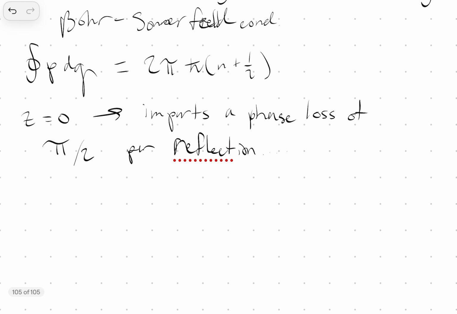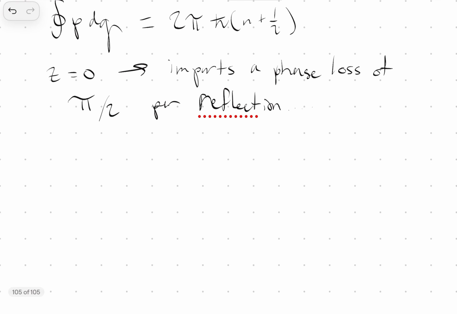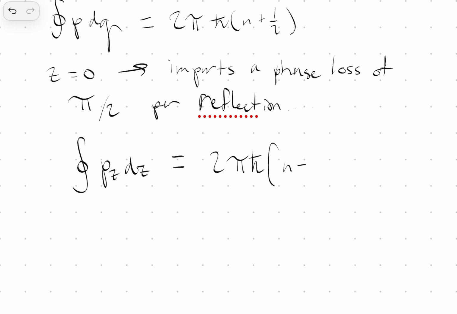So the correct condition for one hard wall and one soft turning point would be the integral of p dz equals 2 pi h bar times n minus 1/4, for n equal to 1, 2, 3, etc. And if you choose n to be a positive integer, that gives positive energies.